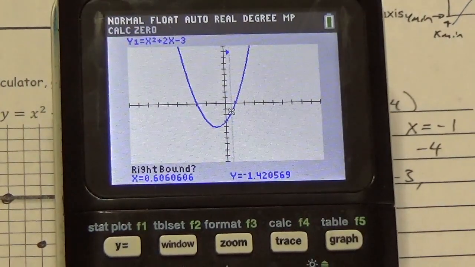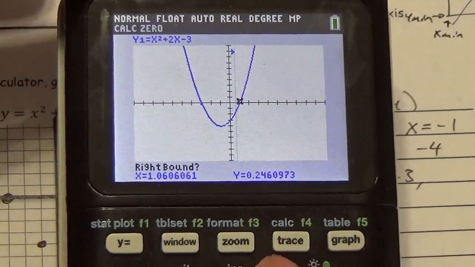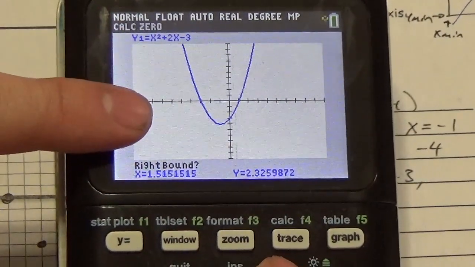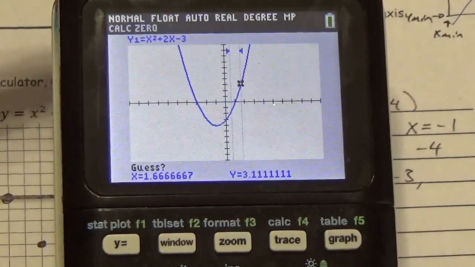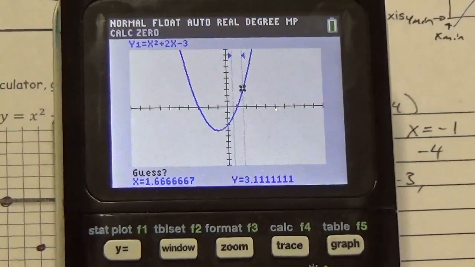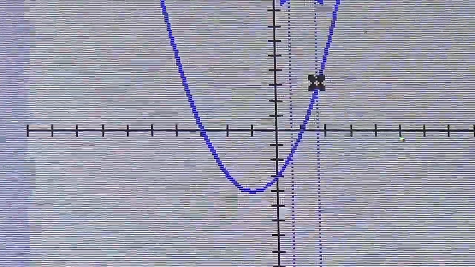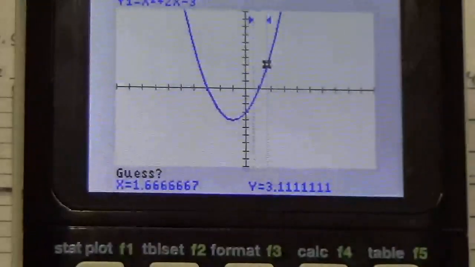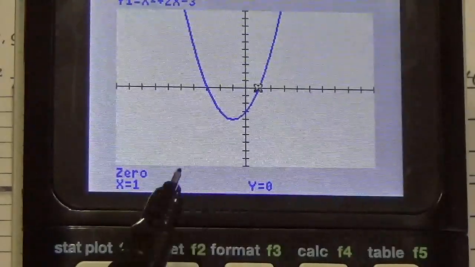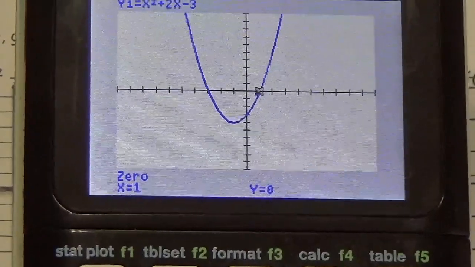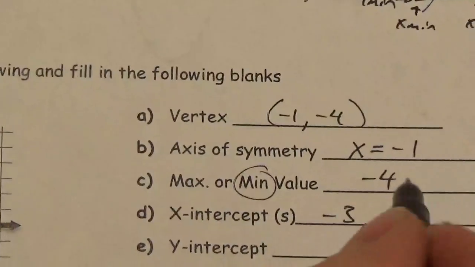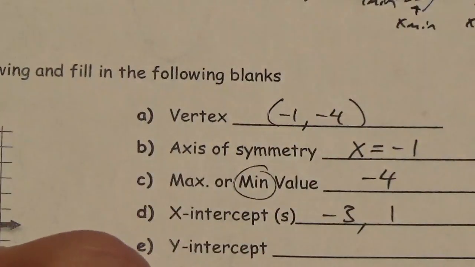What matters is that it's to the left. Then you go back to the x-intercept and keep going a little while longer to make sure you're to the right. Okay, the x-intercept should be between those two boundary points. Press enter to get past the guess, and I get an x-intercept of 1. So my other one here is 1, and there we go.